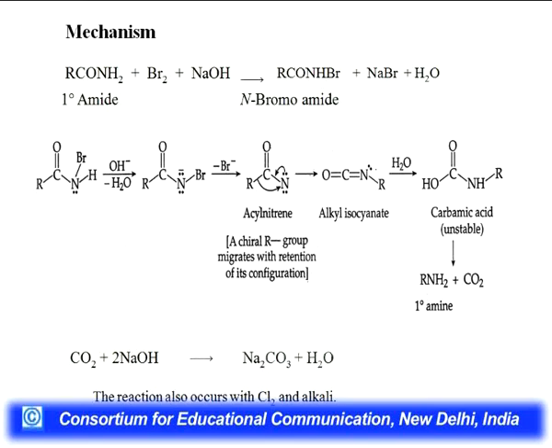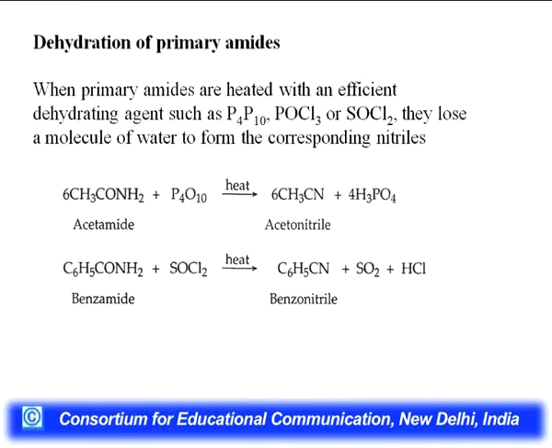Retention of configuration means if it is R, it will remain R in the product, and if it is S, it will remain S. After rearrangement, we will get the alkyl isocyanate, which on hydrolysis will give you primary amine after carbamic acid. So, this reaction also occurs with chlorine and alkali.